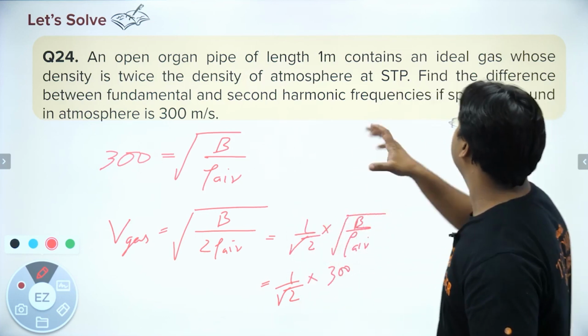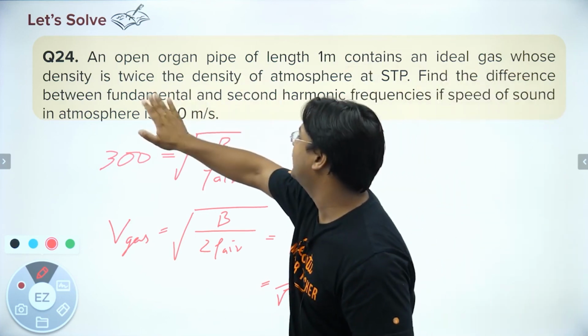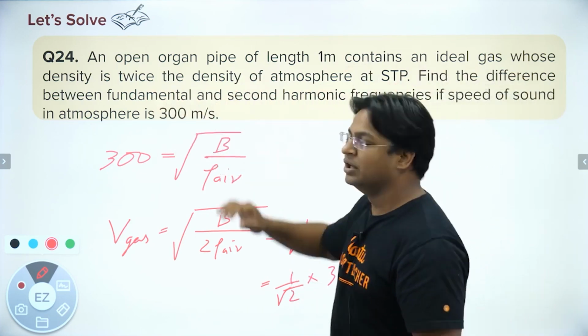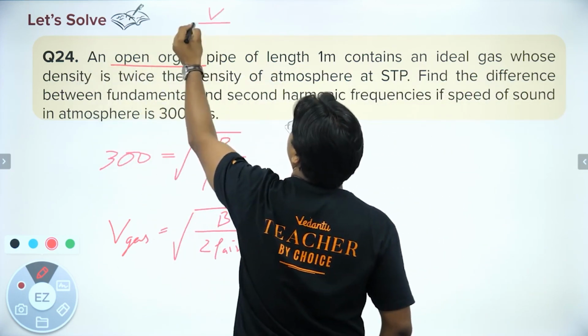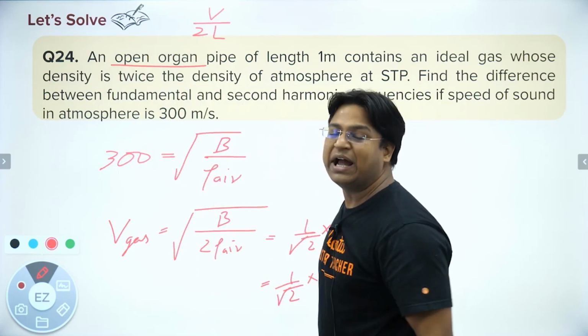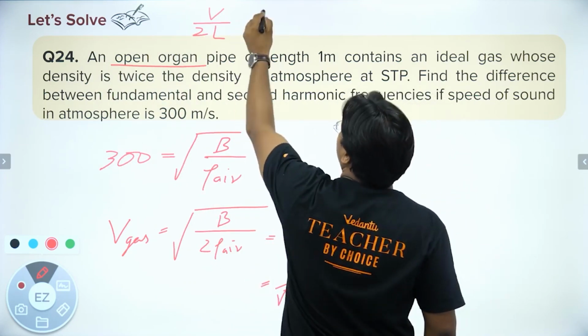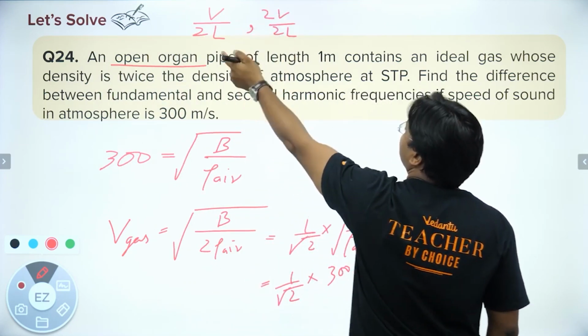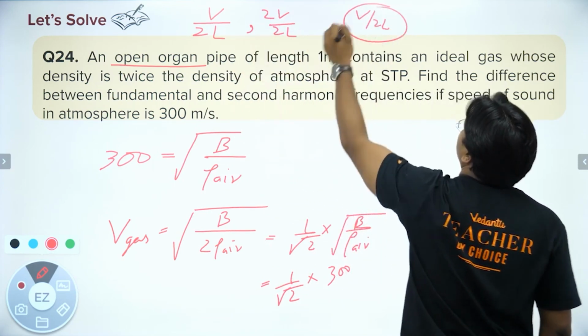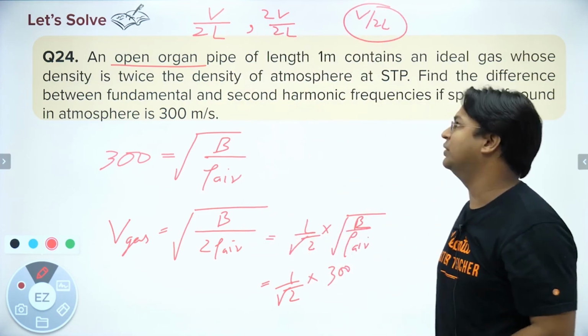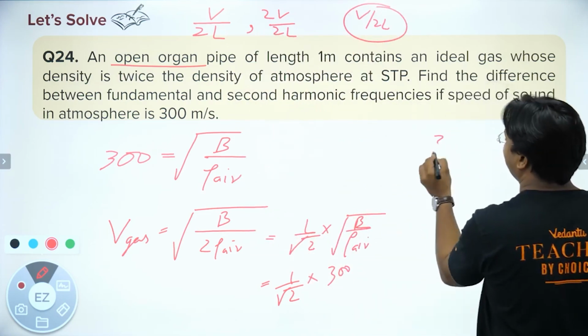Now the question is asking me to find the difference between the fundamental and the second harmonic frequency. It's an open organ pipe, so for an open organ pipe, the fundamental frequency is V by 2L, and the second harmonic is 2V by 2L. So when I take the difference, I end up writing V by 2L only. The difference will be equal to the fundamental frequency only. So V is available with us.